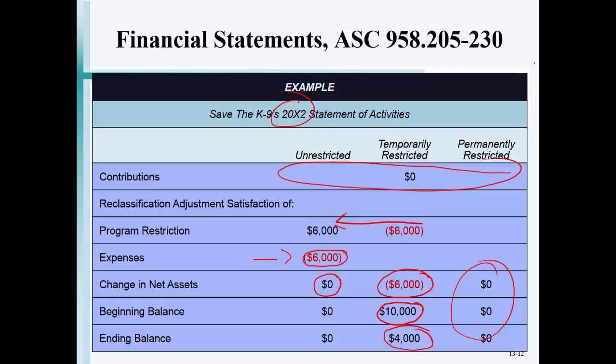It came down 6,000. What was it before? It was 10,000 in year one, so it's come down 6,000 from 10,000. So the ending balance is how much? Ending balance is $4,000, right?